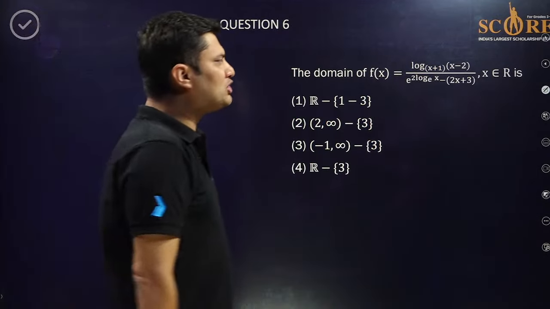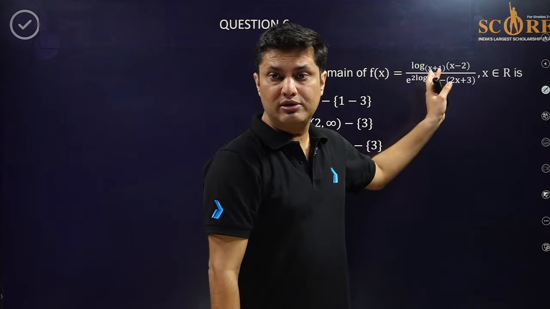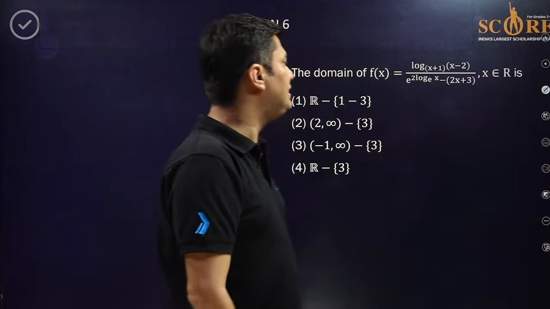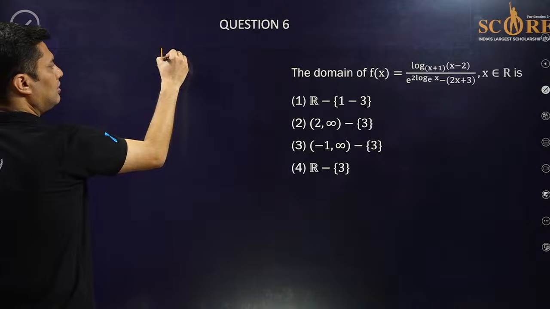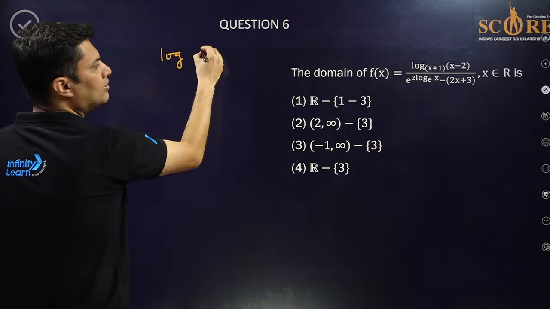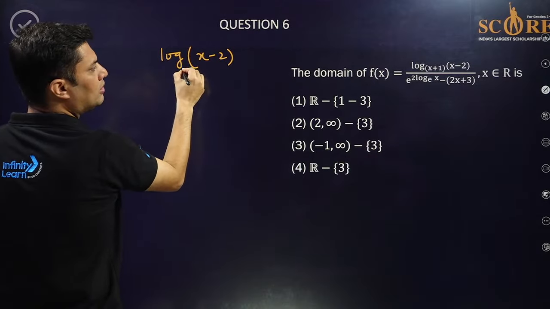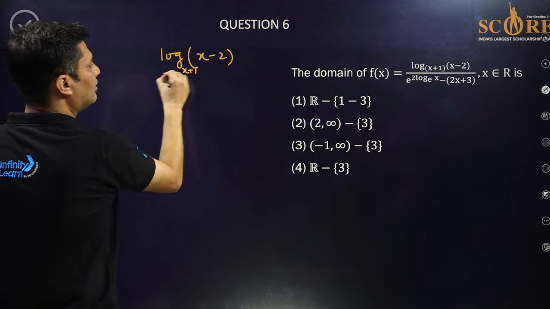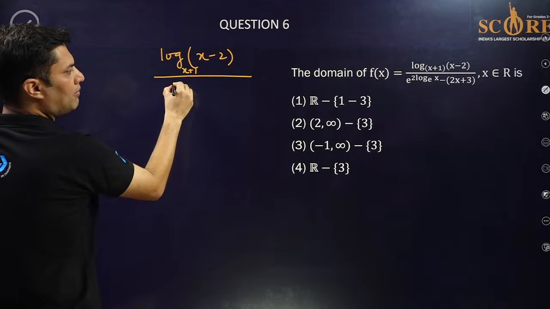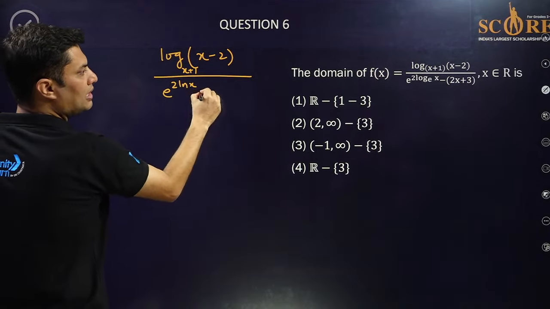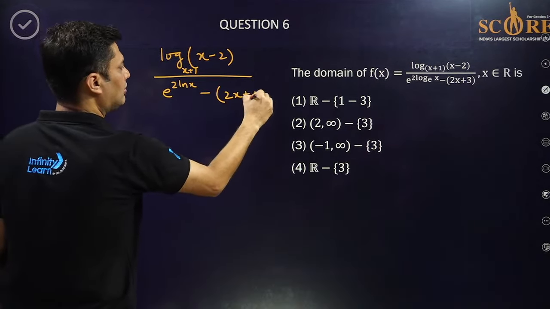The domain of this function, can you find the domain of this function? So domain of function is really easy. This is log of (x minus 2) upon base (x plus 1) whole, upon this is e to the power 2 ln x minus 2x plus 3.